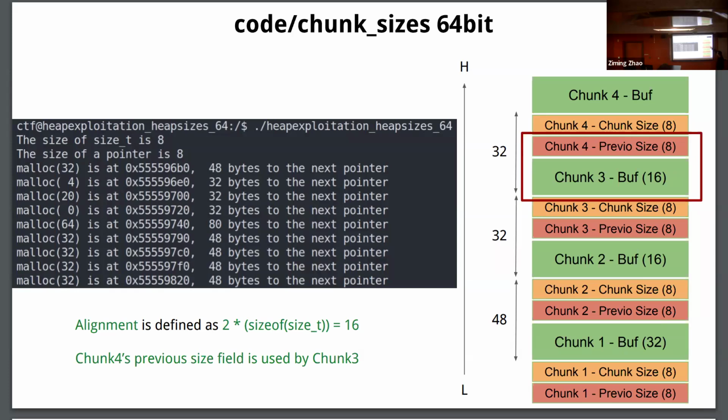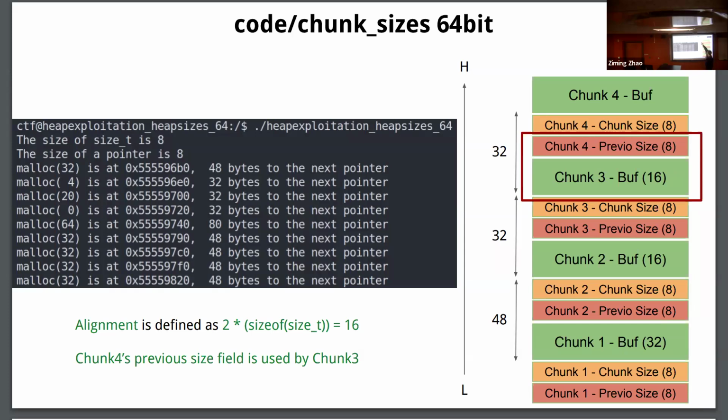The third one is interesting. We're asking for 20 bytes, but the distance from the next one to it is only 32 bytes. This is the third one, and this is the address returned to us by malloc.